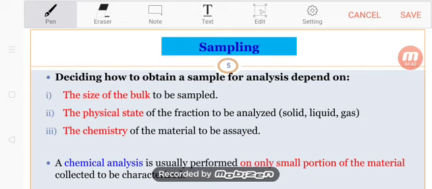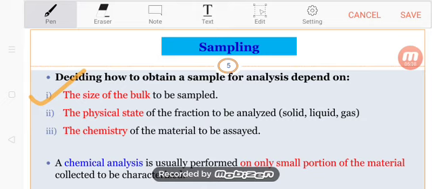As I said earlier, sampling is a process to get a representative sample. But there are a few factors that need to be considered when you want to obtain a sample for analysis. For the first one, the size of the bulk to be sampled. For example, Malaysian citizens that are positively infected with COVID-19.